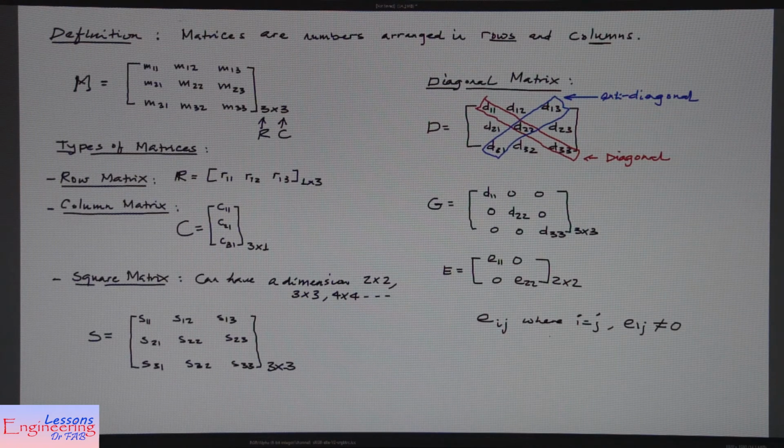In G's case, for example, we have D11, where i and j are equal, different from 0, D22 different from 0, D33 different from 0. So all those are different from 0, and the others will be 0.